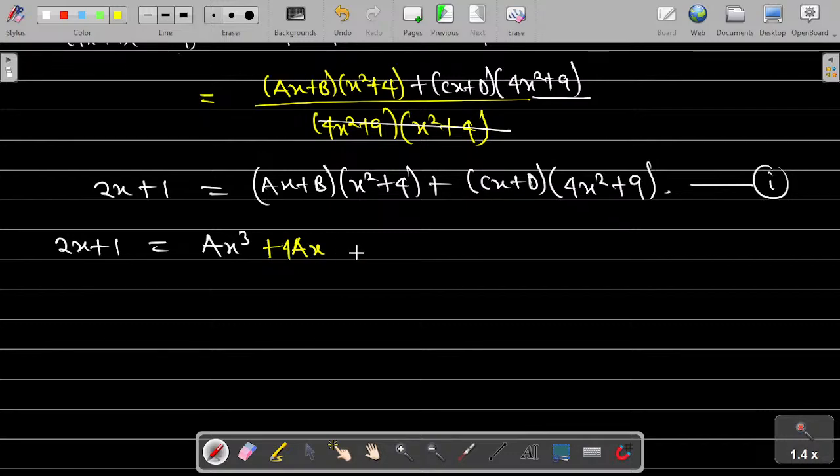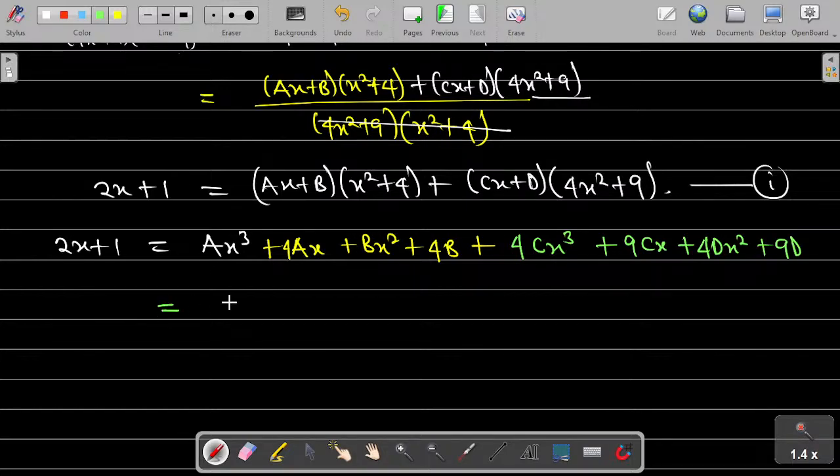Then b gives us bx squared plus 4b. Over to this side, cx times 4x squared is 4cx cubed, then plus 9cx, and then dx squared times 4 gives 4dx squared, and d times 9 gives us 9d. So we collect all the terms carrying x cubed.